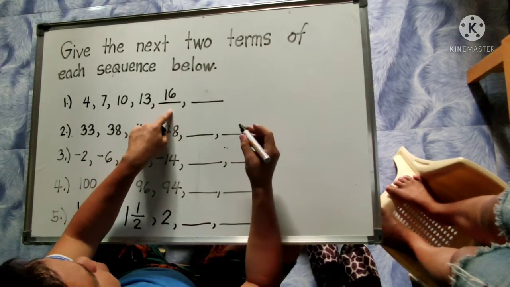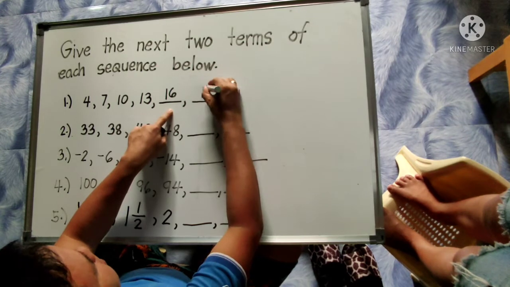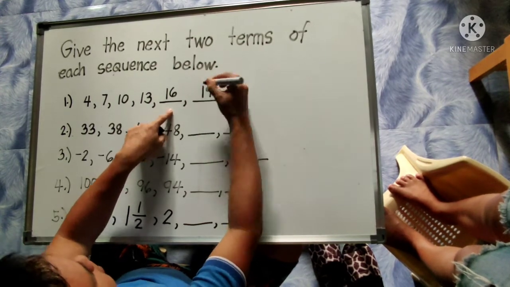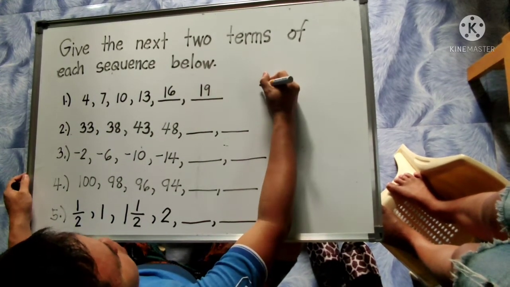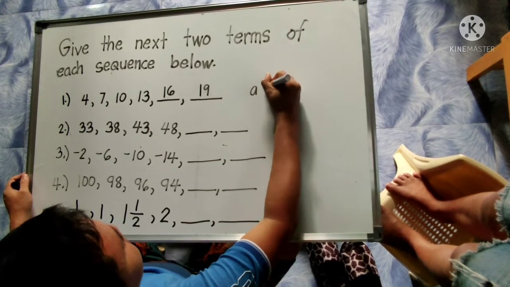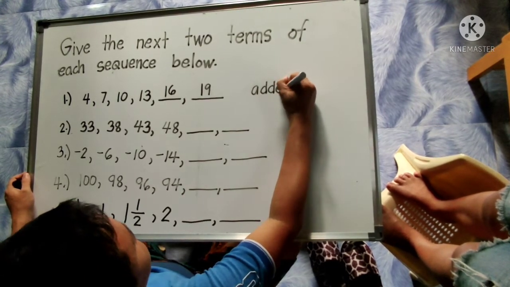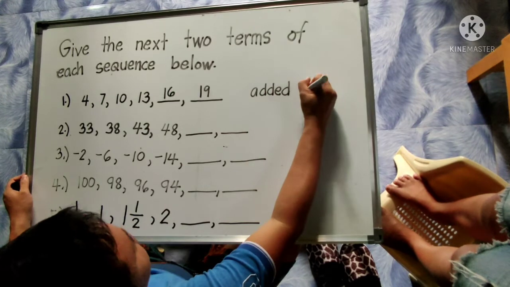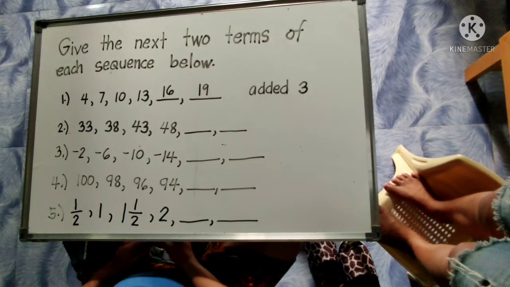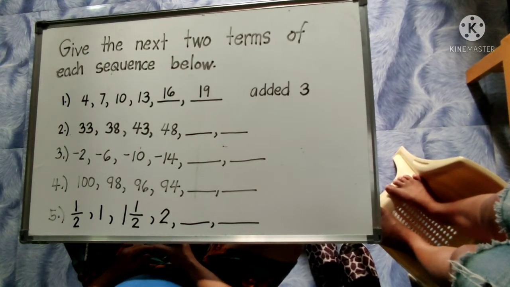Then 16 plus 3 is 19. So for number 1, we added 3. That is our pattern for number 1.